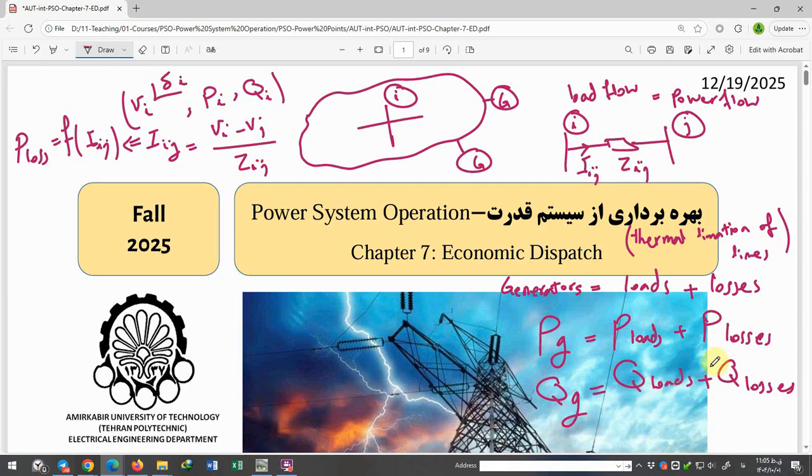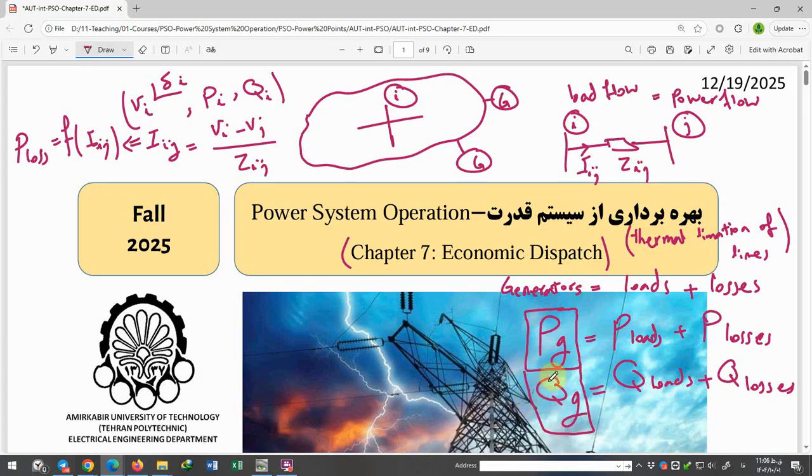So which subject makes chapter 7 important? The subject of chapter 7 is the next step. Okay, we have to produce or supply this amount of active power and this amount of reactive power.